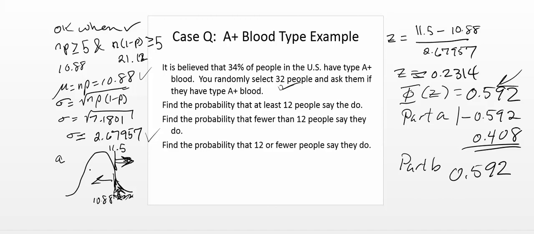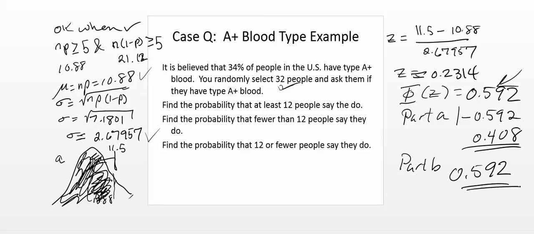And that's all of this portion right here. And we're no longer interested in the upper tail. So everything below 11.5. And there's our answer to part B.